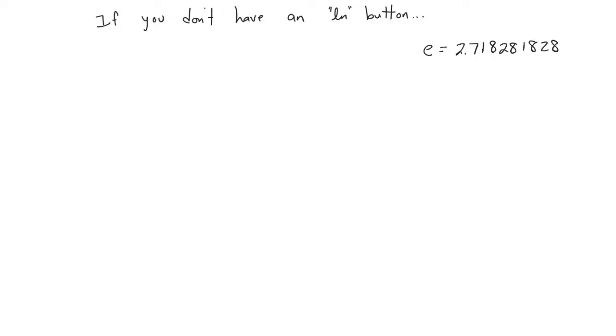And so what we're going to do is we're going to take the logarithm base 10, which is the normal logarithm on your calculator, of x divided by logarithm base 10 of e, that is this number over here, and we're going to set that equal to the natural log of x. So if you don't have an ln button on your calculator, you can solve it by taking the base 10 logarithm of your number divided by the base 10 logarithm of the number e.